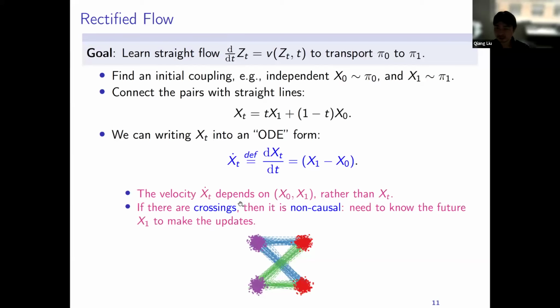It cannot be solved like a regular differential equation in a causal way because your velocity field is going to depend on the final result x1. And this happens exactly when you have trajectories that are intersecting, right? For example, if you have trajectories that intersect in the middle of this plot in the slide, you will see that you have two possible directions to go, and you cannot decide which direction to go, right?